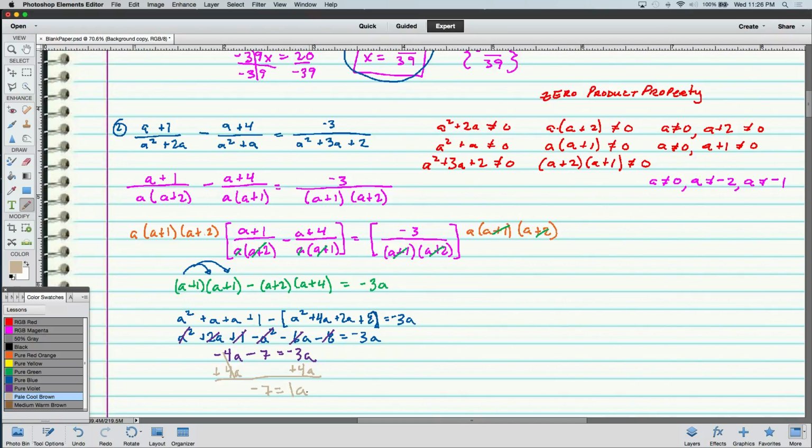And we can flip these around using the reflexive property. You know, if a equals b, then b equals a. So we can just turn these around. So we'll have a equals negative 7. And written as a solution set, negative 7.